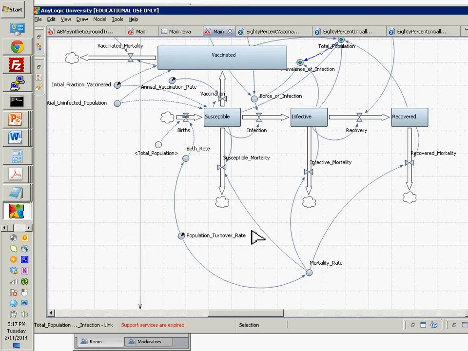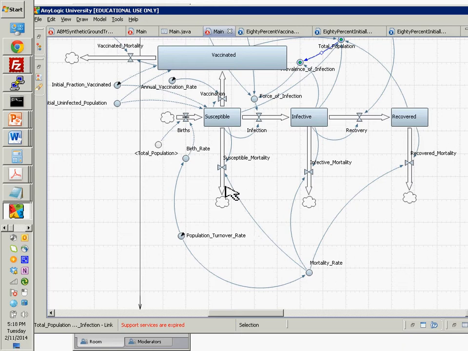It's a chance per unit time, and it's multiplied by susceptible to get a flow out of susceptible. So unit-wise, it makes sense. This is persons per year leaving here. Okay, this is the sanity check. Great, and in fact, AnyLogic and Vensim, at least the professional version of Vensim, will do unit checks for you. So you can ask it, kind of go figure, it will go off and check this. Great.